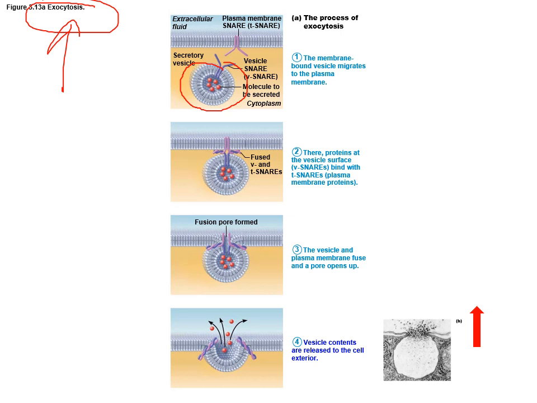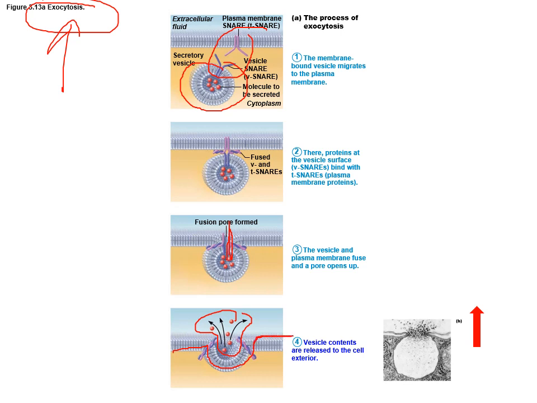What we see happening with exocytosis is that the vesicle will go towards the plasma membrane and will interact with the SNARE proteins, which will allow it to anchor. Once they're anchored and fused, the vesicle will form a small opening, allowing the excretions to be released into the extracellular fluid, and the vesicle will now become part of the plasma membrane.